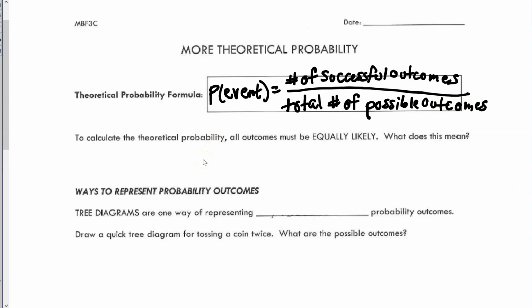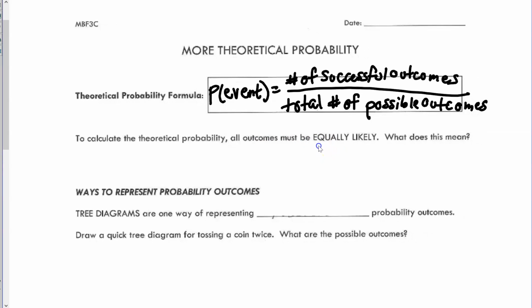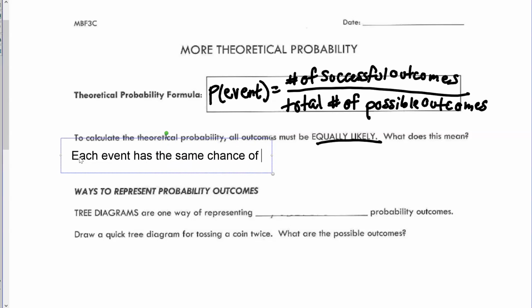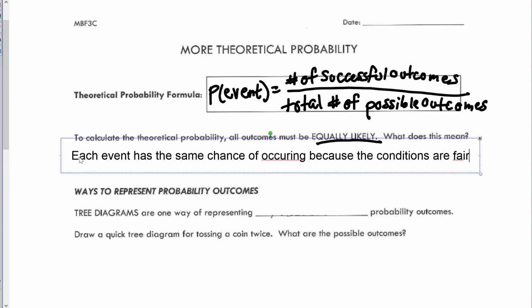So to calculate the theoretical probability, all outcomes must be equally likely. Whoa, and that is important, okay, that they are equally likely. So what does that mean, though? It means that each event has the same chance of occurring because the conditions are fair.